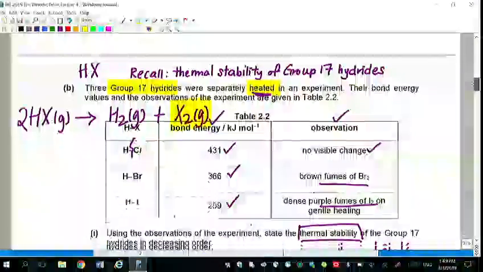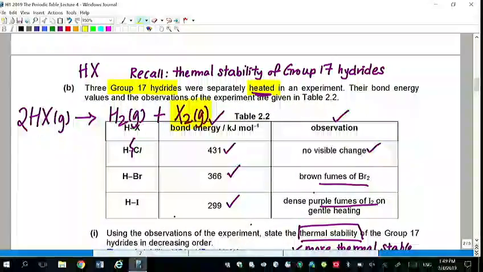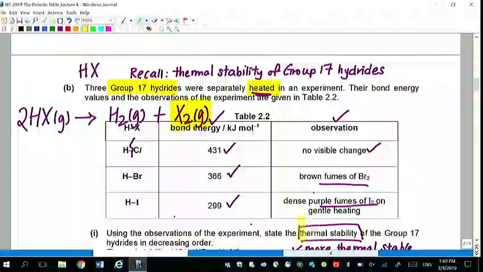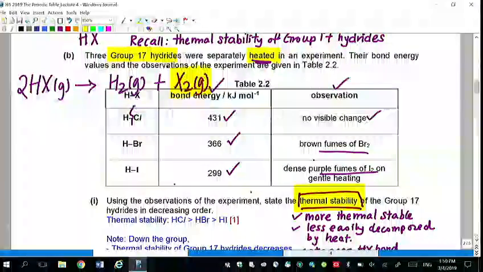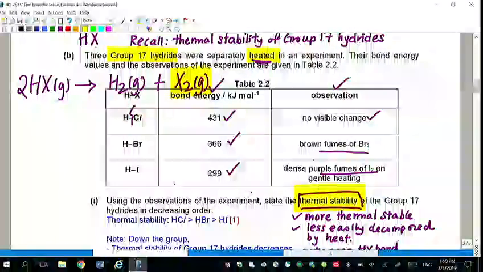Next part is that they ask me, based on the observation, state the thermal stability. What do we mean by thermal stability? Let's go through the flow of thought again. When I say something is more thermal stable, it is less likely to be decomposed by heat.